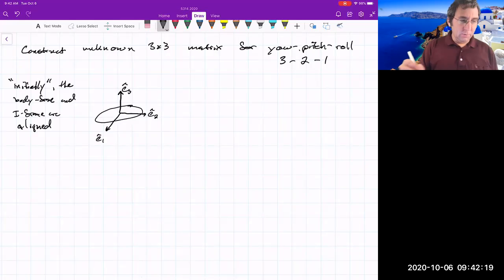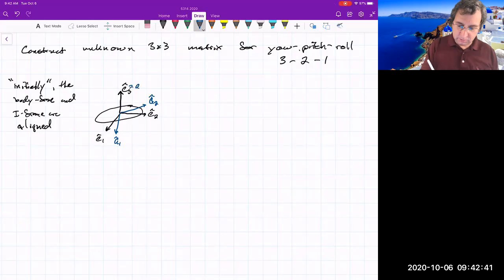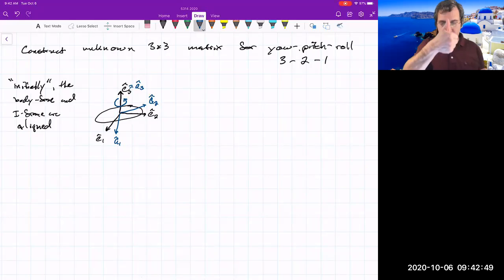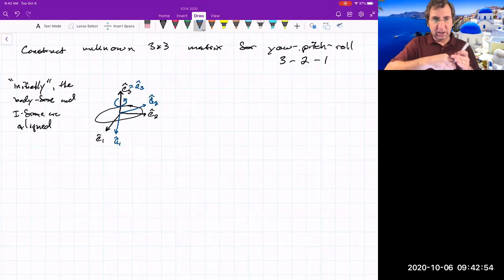Then we do a rotation to go to the next intermediate frame. We go to a new frame called the A frame, through a rotation about the number 3 direction. So E3 equals A3 because we're rotating about it. Using the right-hand rule, my thumb on my right hand points in the direction of the axis, and my fingers curl in the direction of the rotation.